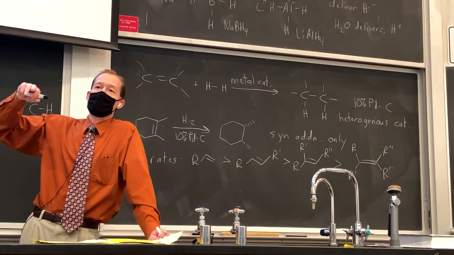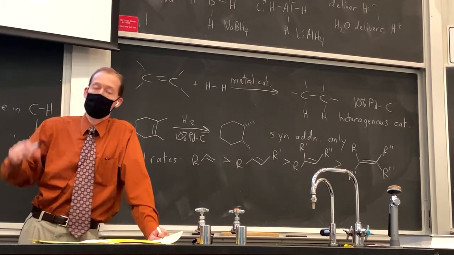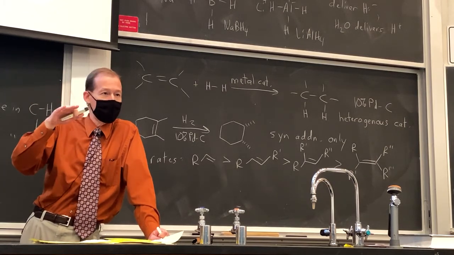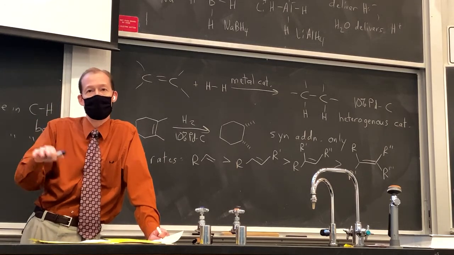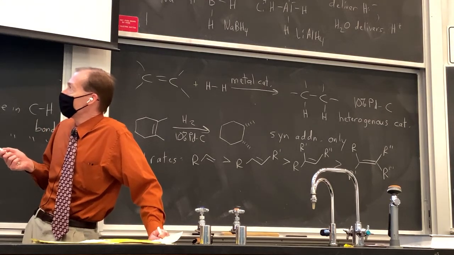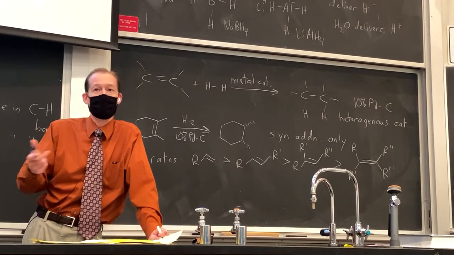Since the alkene and the hydrogens are all attached to the metal surface, the hydrogen atoms are going to be delivered from the face of the alkene that's facing the metal. Okay, so both hydrogens are going to attach to the alkene from the face that's pointing towards the metal. So that's how we end up with a syn addition.